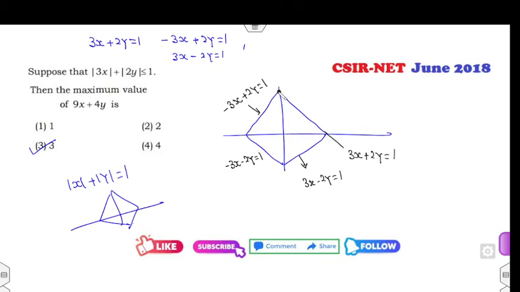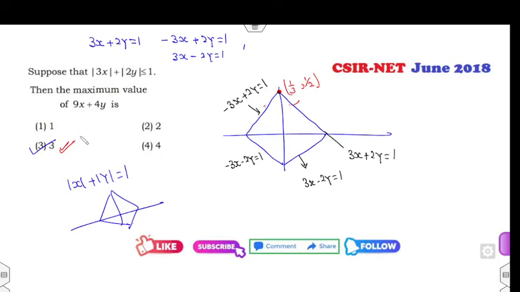You can find the coordinates. Like this coordinate, you can solve this equation and this equation. By adding, you will get y is 2/4, 1/2, and x will be, you can subtract them, 6, 1/3. Similarly, you can solve the other component and you can check it.